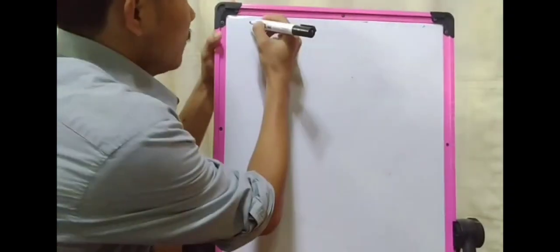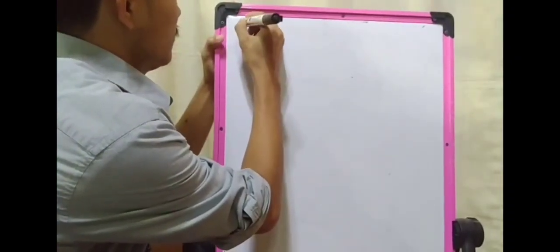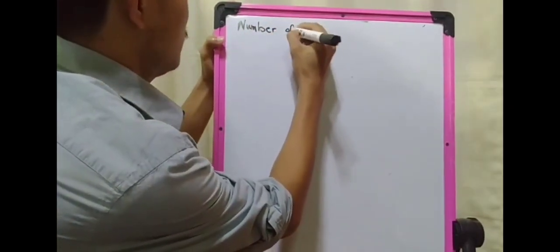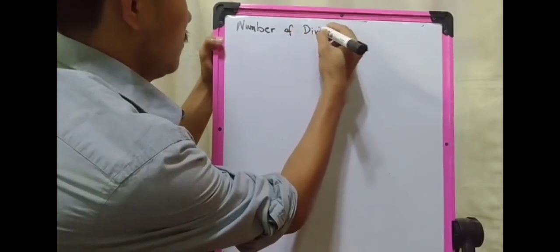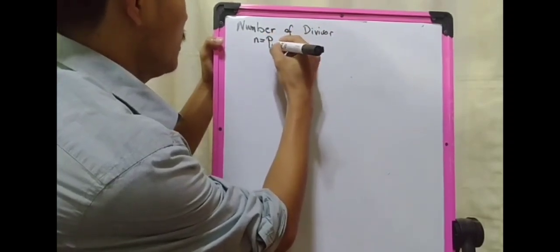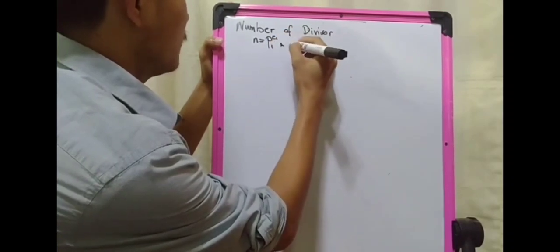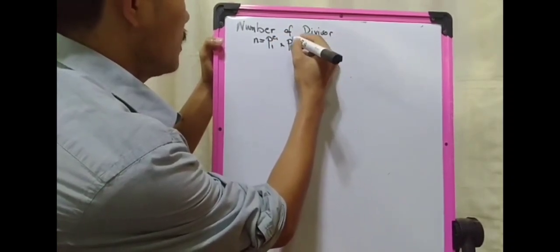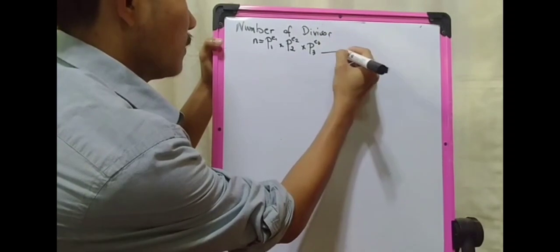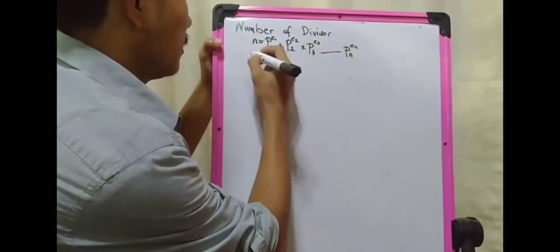Good day everyone, I am Carlinyo Sarukam and today I'm going to discuss how to find the number of divisors and sum of divisors. The formula for the number of divisors: n is equal to P1 exponent 1 times P2 exponent 2 times P3 exponent 3, up to exponent n.